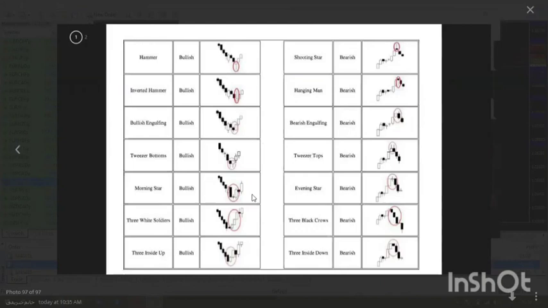Okay, I will. You see, for example, this candlestick has errors because these two candlesticks are very similar. When two similar candlesticks are next to each other, it is counted as one.